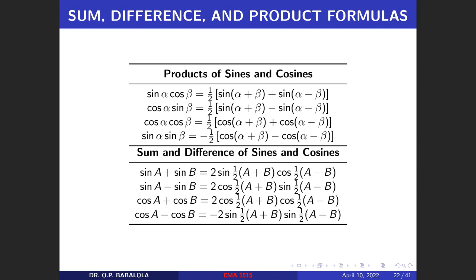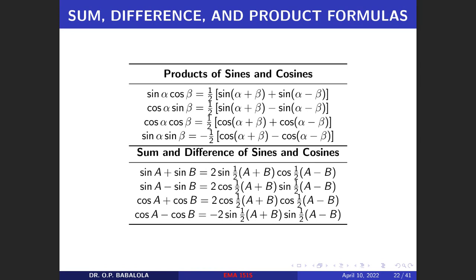When you're multiplying cosine and sine, you have a formula for that. Please, you need to note the signs, positive and negative. And when you have cosine multiplied by cosine of another angle, you have a formula for that, and multiplying sine with the sine of another angle, you have a formula for that.